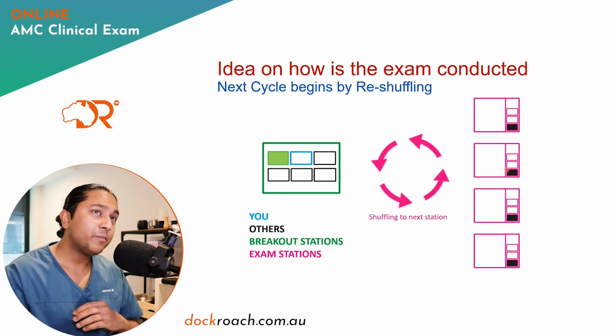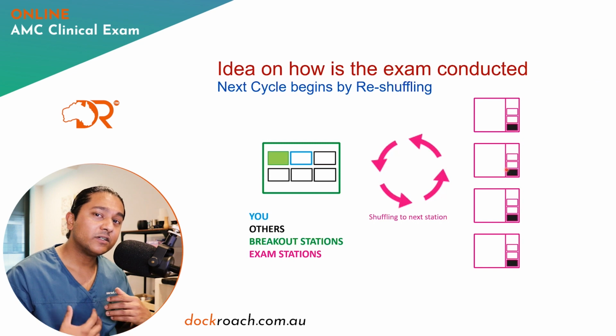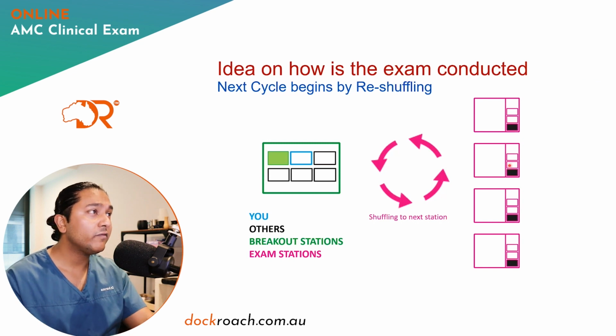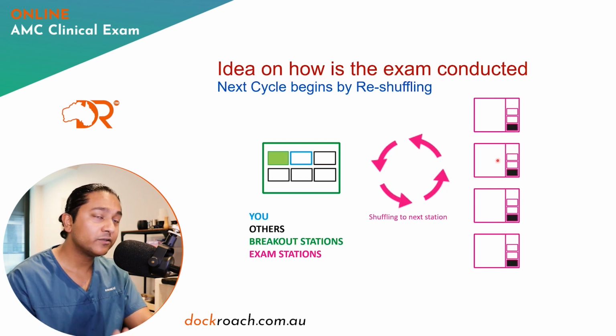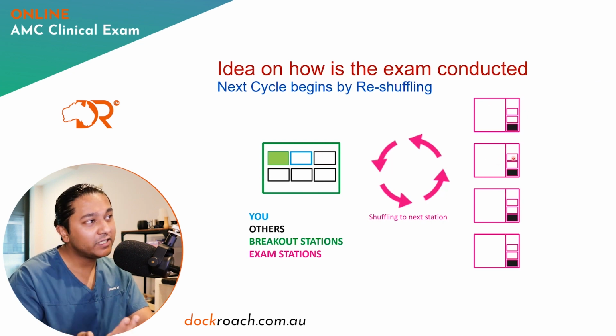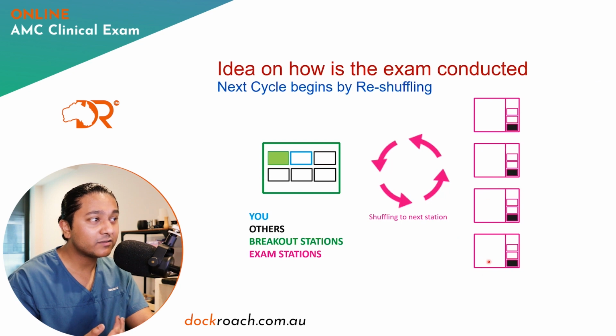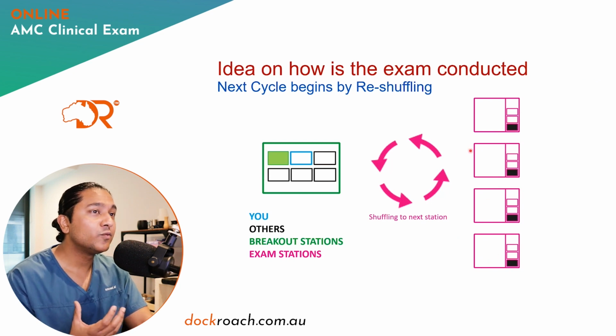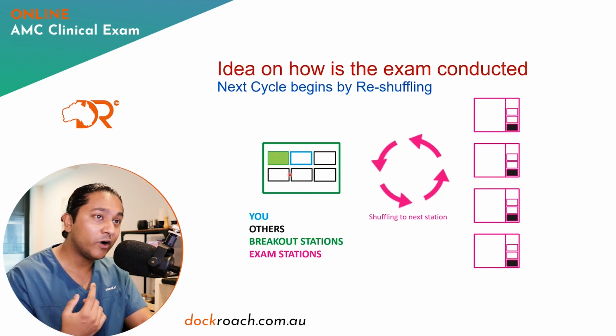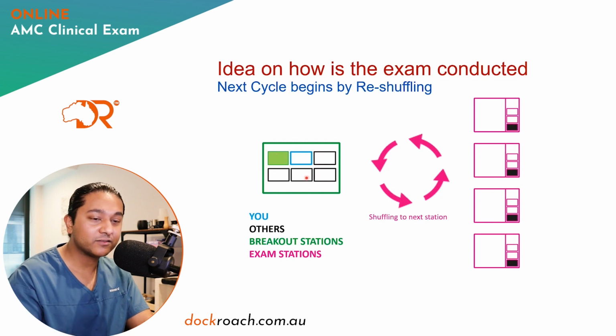What happens after that is AMC is going to reshuffle you. So whoever went into this station will now go into the second station, and then from here, you'll move on to the next station and then the next. Once you're done with these four exam stations, you will then move from one breakout station to the other breakout station.